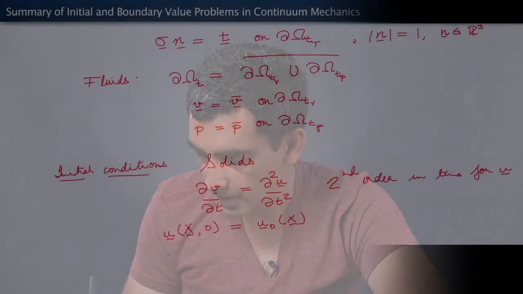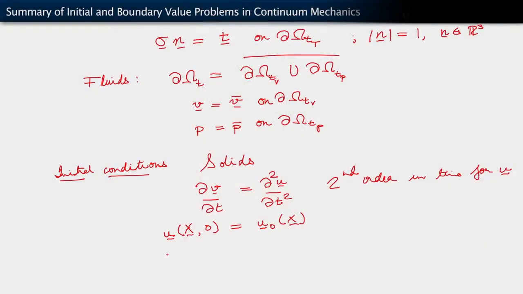We typically write this as partial of u with respect to time at x comma 0 equals the material velocity as a function of position. So we have those two conditions.